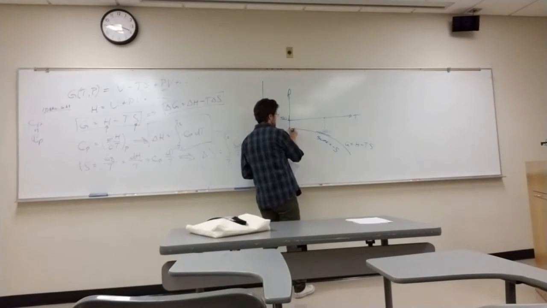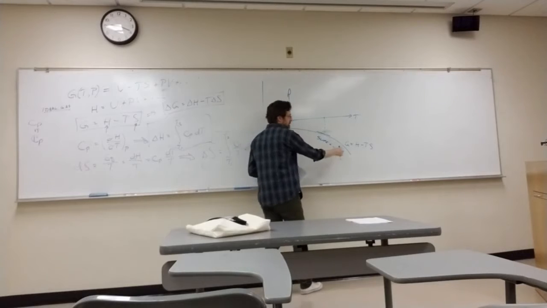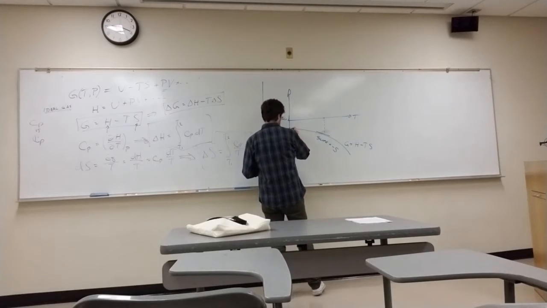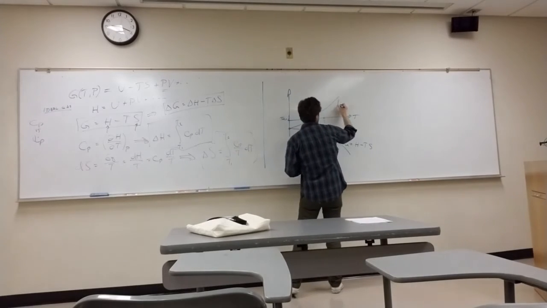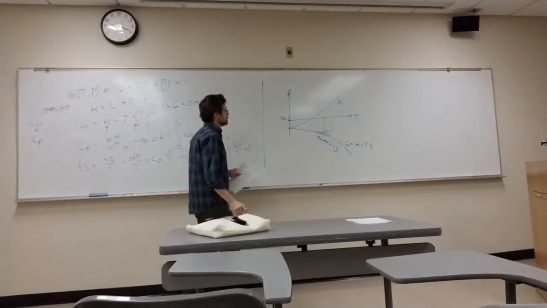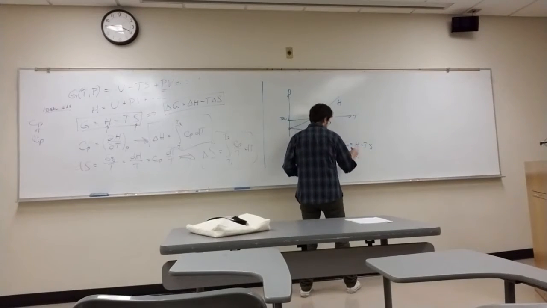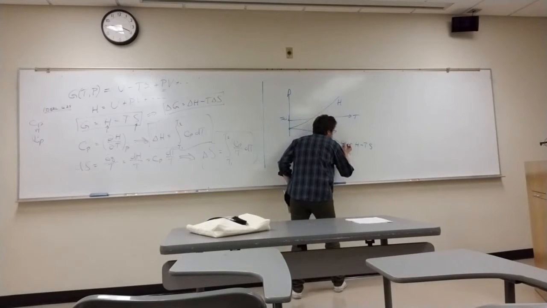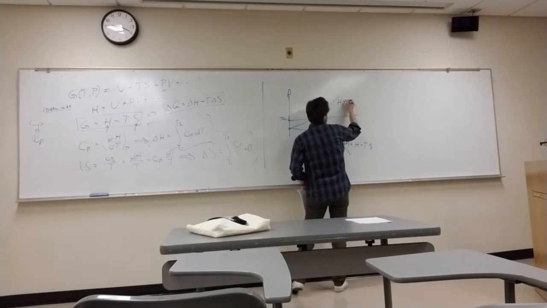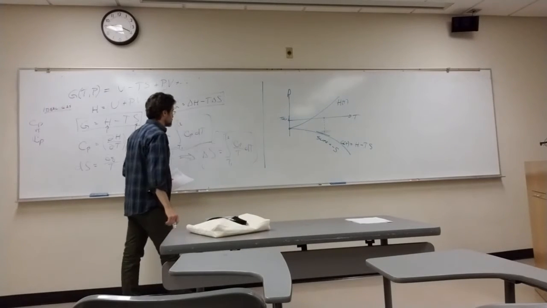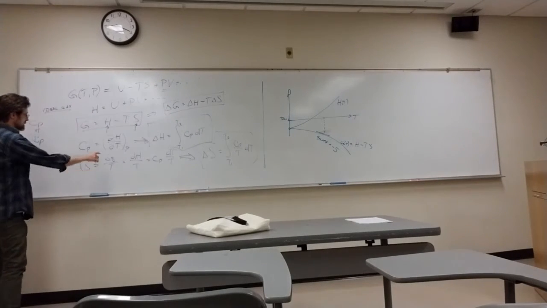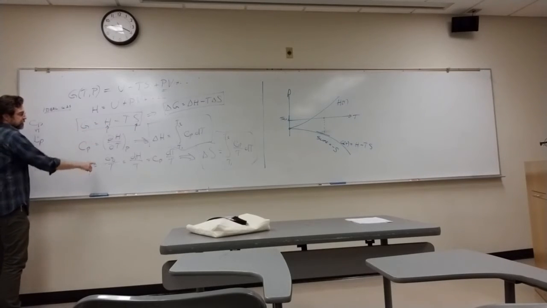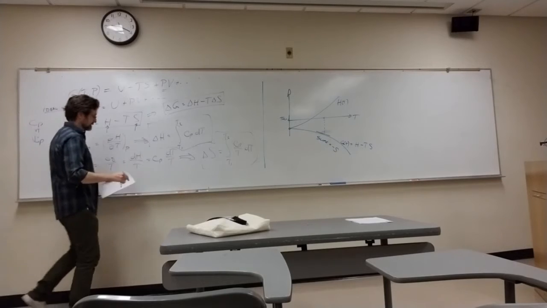The free energy and enthalpy have the same units, so we can plot them together as something like this. H. G as a function of temperature, and H as a function of temperature. And because we have the enthalpy in terms of the heat capacity, we know that the slope of the enthalpy with respect to temperature is the heat capacity.